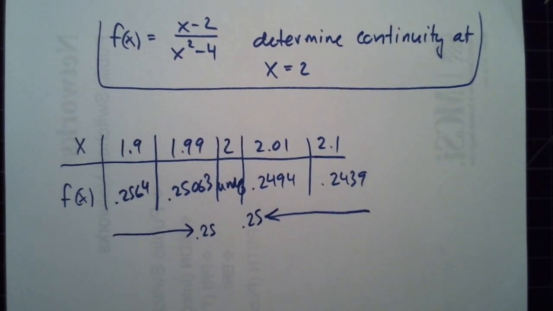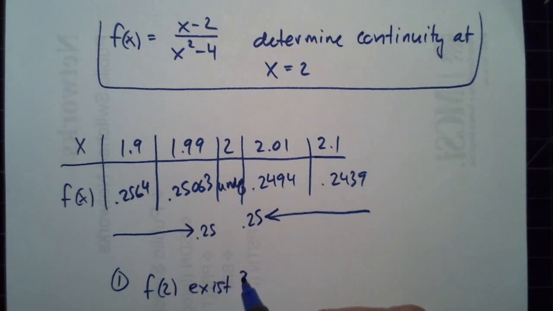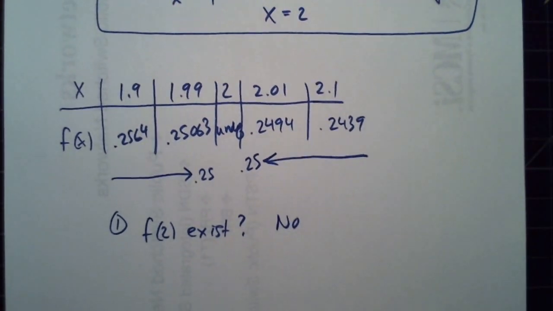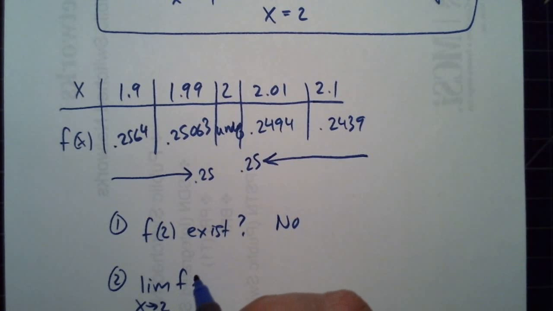So let's check our definition of continuity. Number 1, does f of 2 exist? No, so it can't be continuous. The next one, does the limit as x goes to 2 exist?